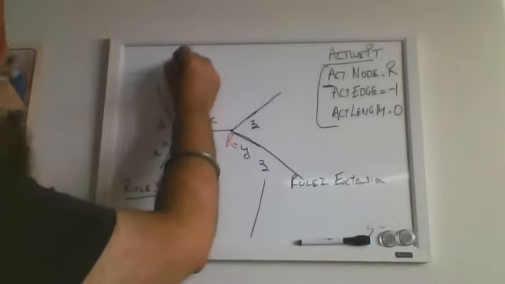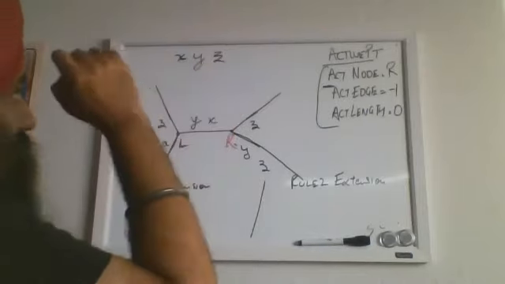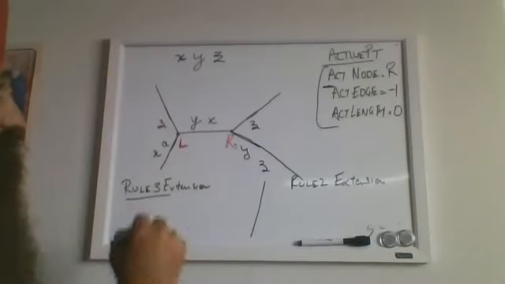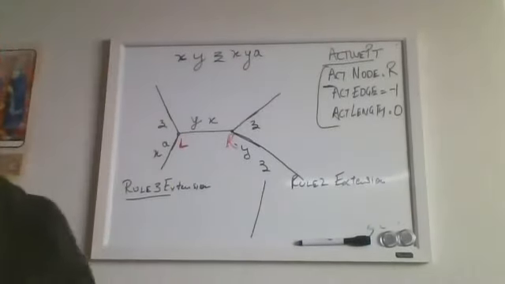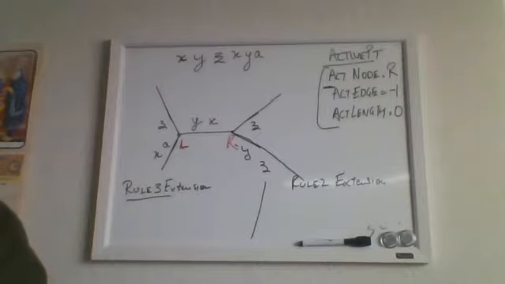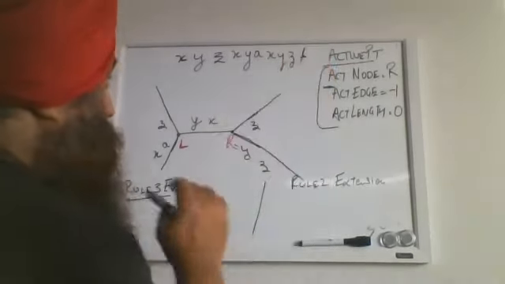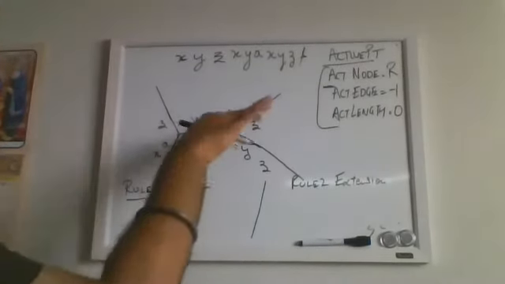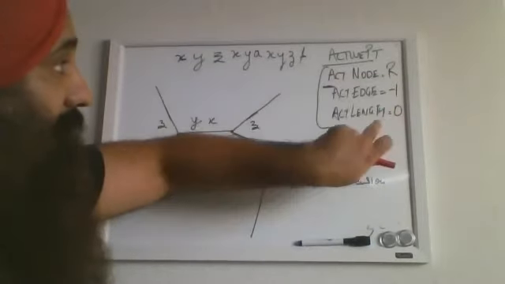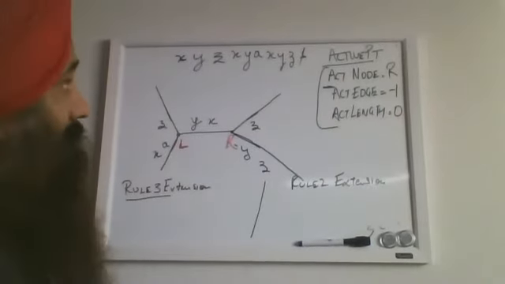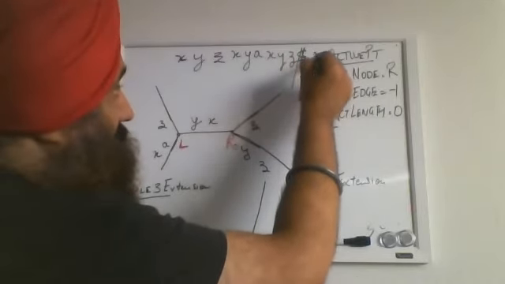Let's consider the string x, y, z, x, y, a, x, y, z, dollar. This is a partial suffix tree of it. Initially, your active node will be the root R, edge will be 0, length is 0. Suppose after dollar you have to add x to it.